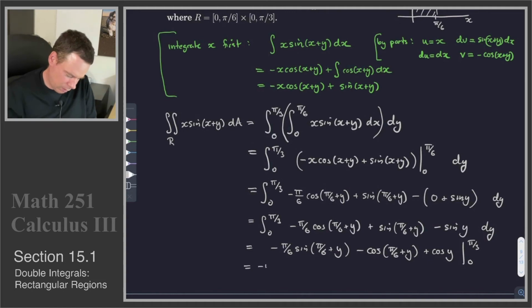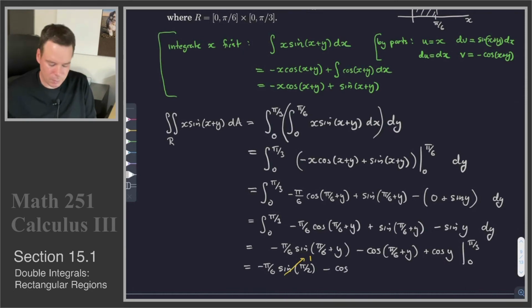So this becomes negative pi/6 sin(pi/6 + pi/3), or that's pi/6 plus 2pi/6, or 3pi/6, which is pi/2. And sin of pi/2 is 1. Next term is minus cos(pi/6 + pi/3). So pi/6 plus pi/3 is, again, pi/2.